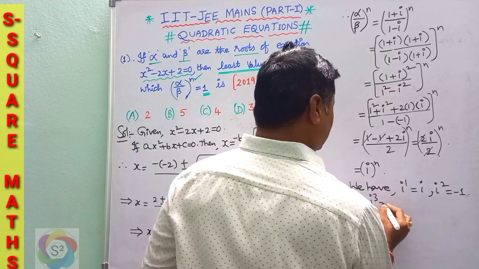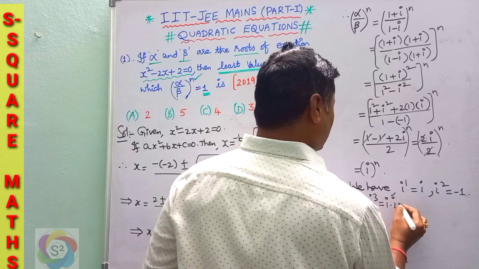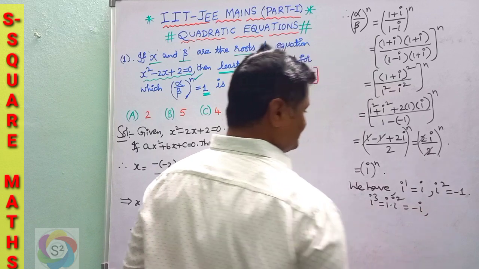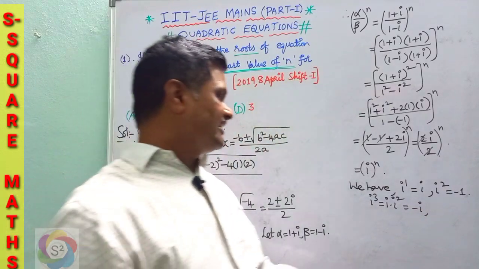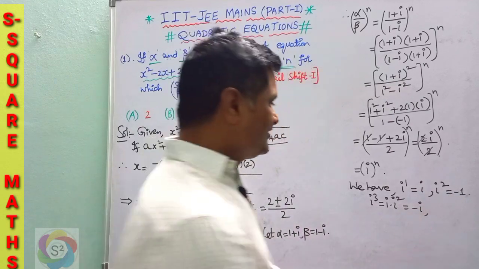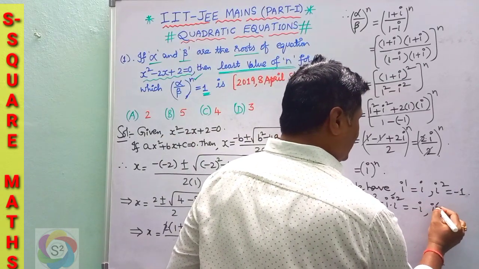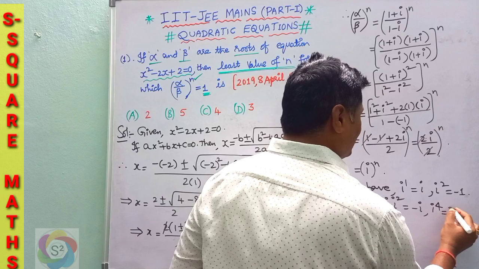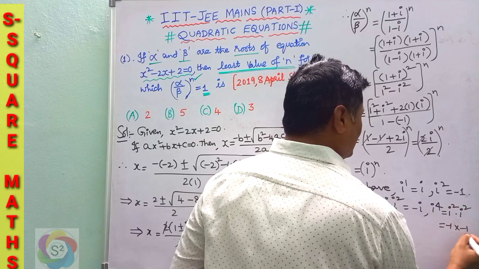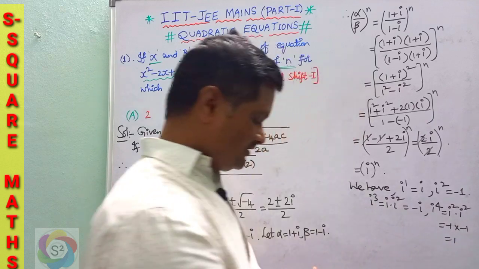So i^3 is nothing but i^2 into i, we are going to get minus i. So in each case we got i, minus 1, minus i. So finally i^4 is i^2 into i^2, so minus 1 into minus 1, we got plus 1.